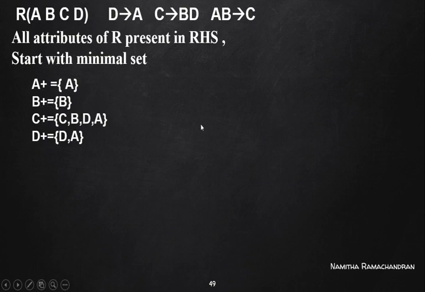So next consider the sets containing two elements in which C never occurs. If C occurs, then that forms a super key only. It will never be a candidate key, it will be a super key. So consider the sets containing two attributes, and the set must be formed using A, B and D. So what are the possibilities?